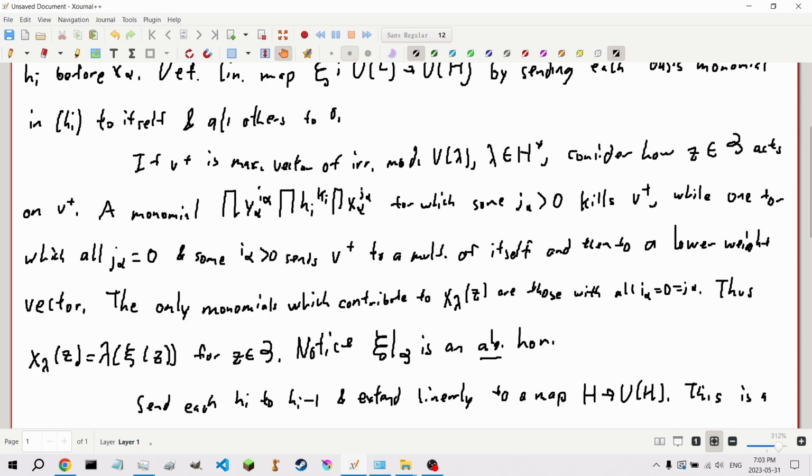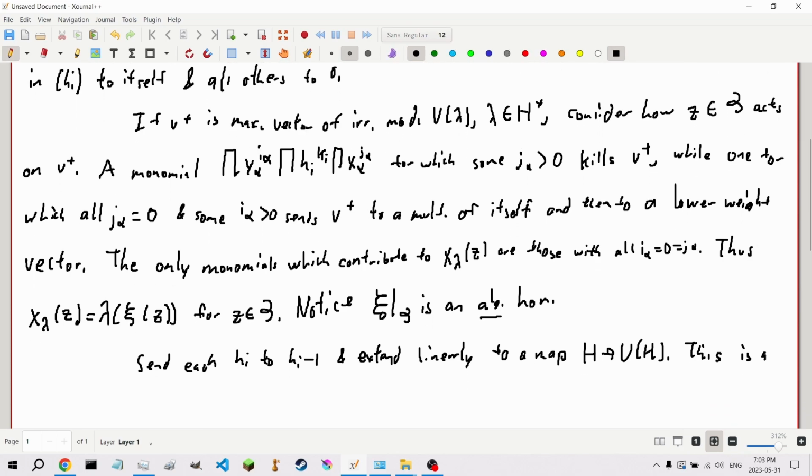This is a Lie algebra homomorphism with all the products just being 0.